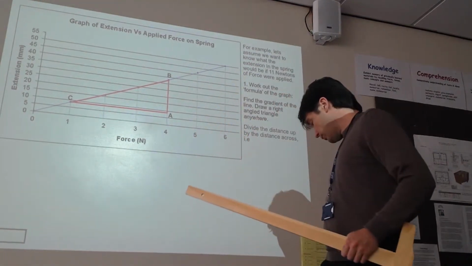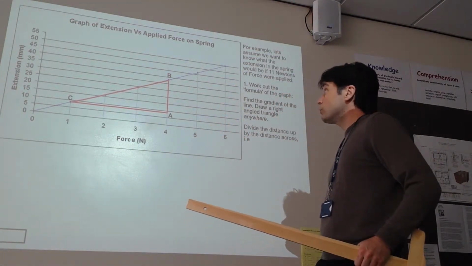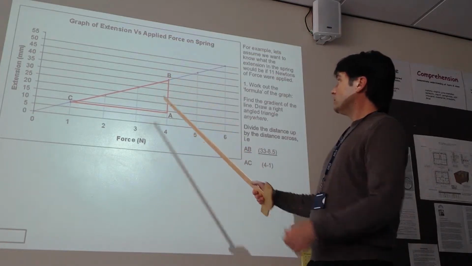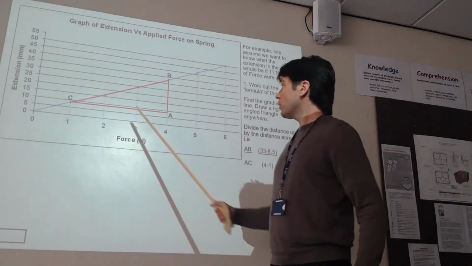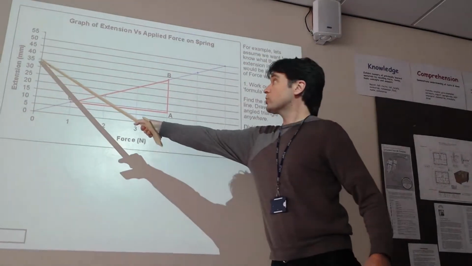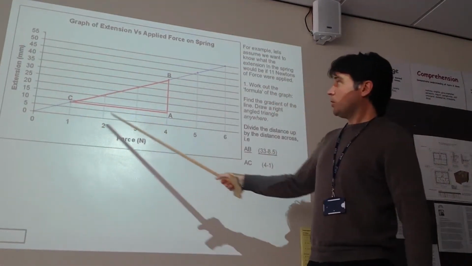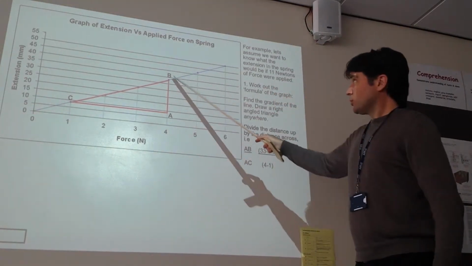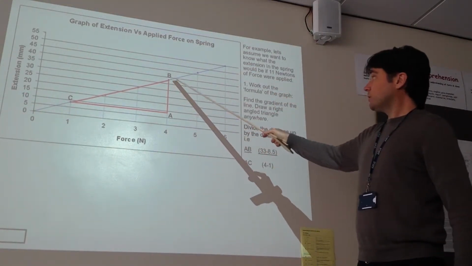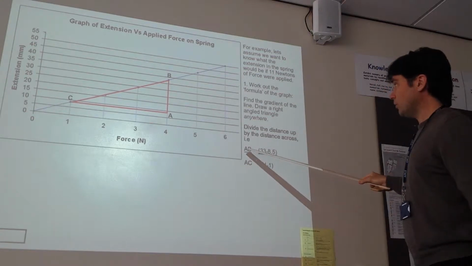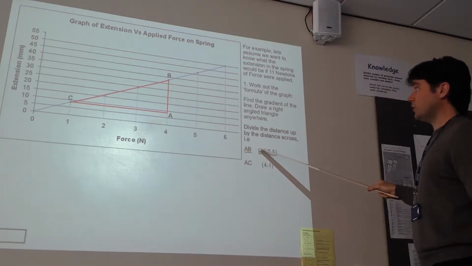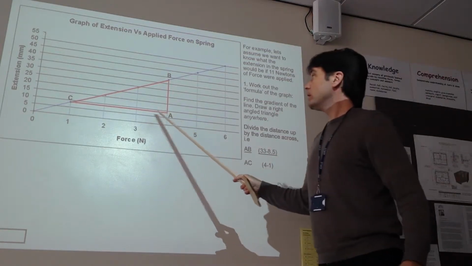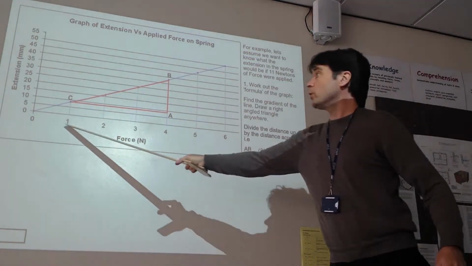And the other one, looking at the results before, the value at B when 4 newtons is applied, the extension was 33, and at 1 the extension was 8.5. So this distance here is going to be 33 take away 8.5, so I've got AB, which is 33 take away 8.5, divided by A to C, which is 4 take away 1.